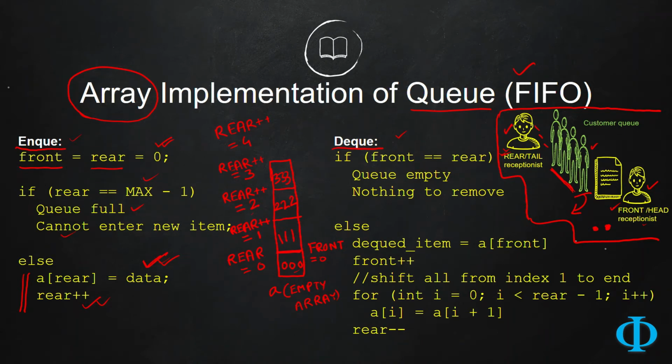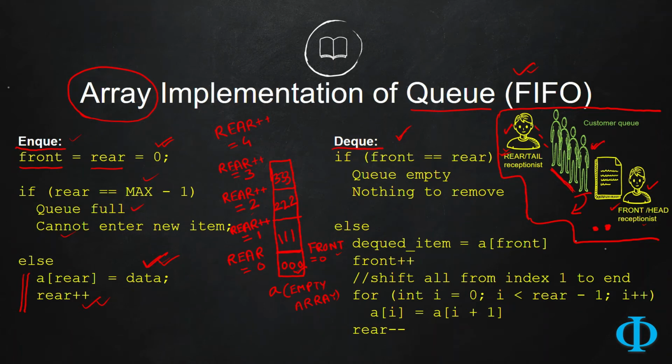Now let us try to understand what happens during the dequeue operation. So here once again, queue is a FIFO data structure. So the customer, or the data item in here, that came first should be eliminated first also. So here this front variable comes into picture.